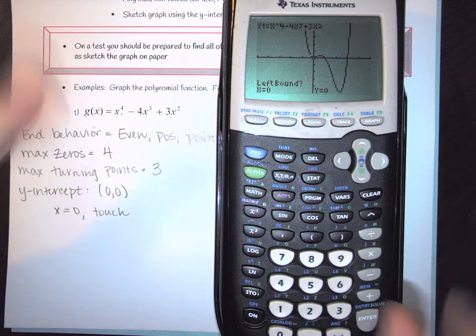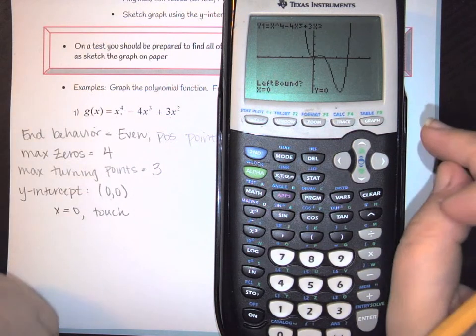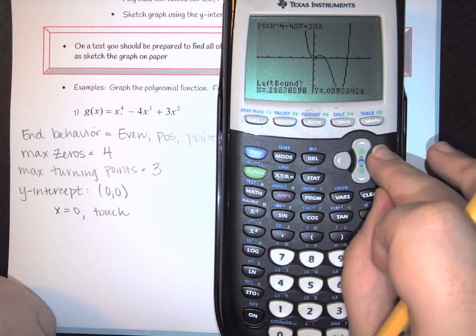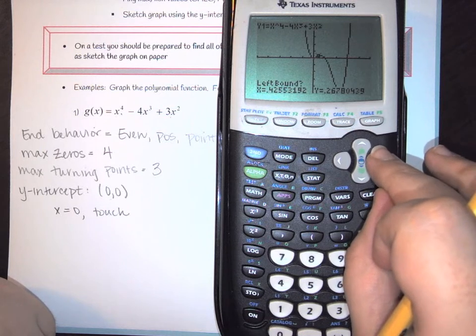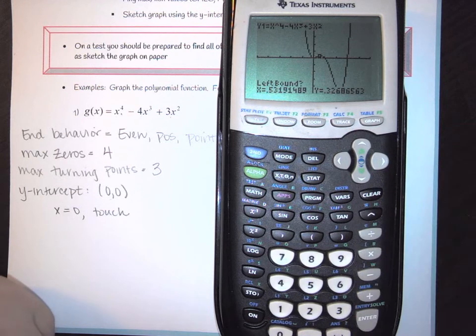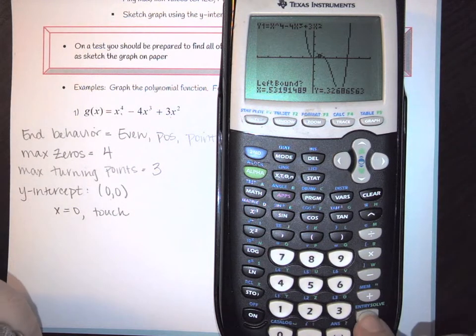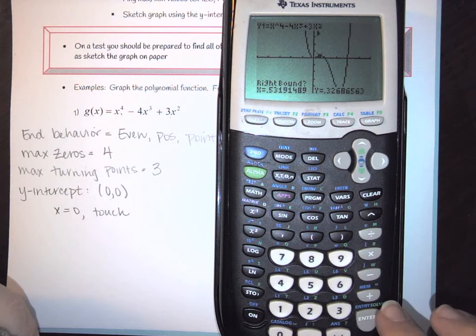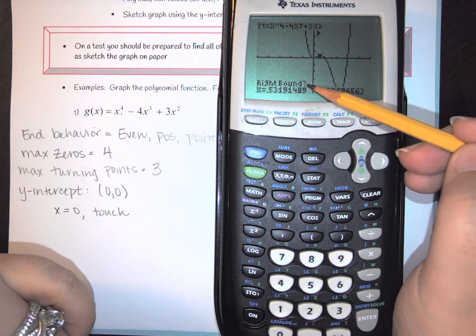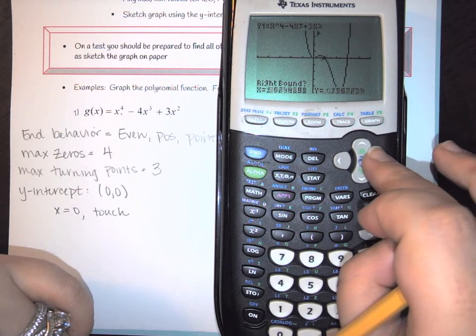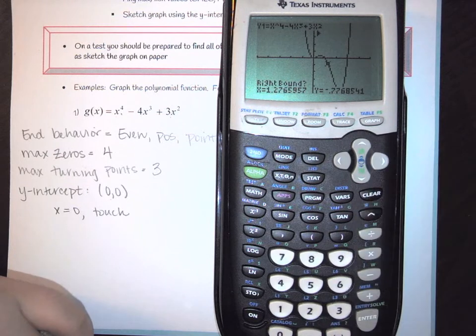Now it's giving me this blinking X. So what you want to do is identify a left bound. I like to get somewhat close, so about there. You want to go on either side of it. So you hit enter when you identify your bound, and now notice it's asking you for the right bound. This is where you want to make sure you go past where that 0 is, and then hit enter again.